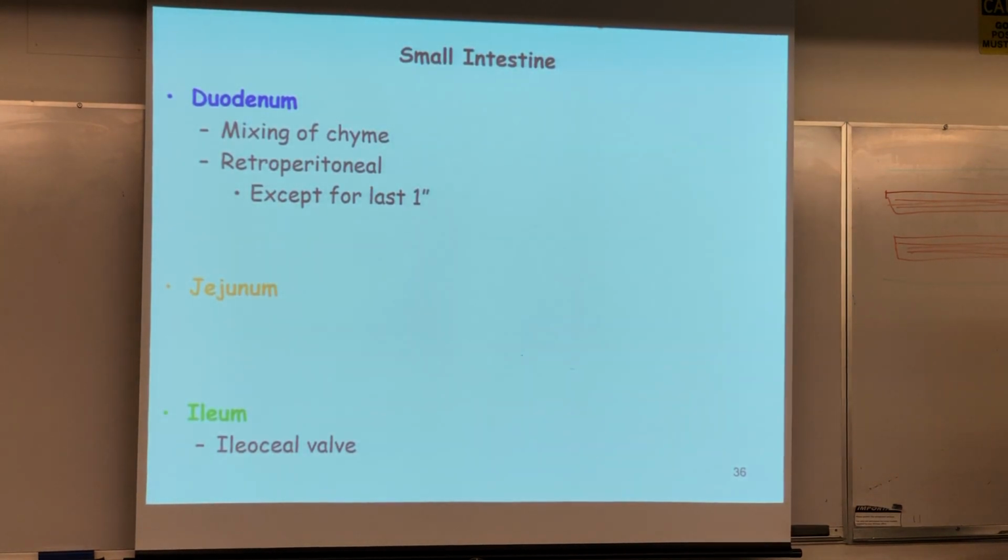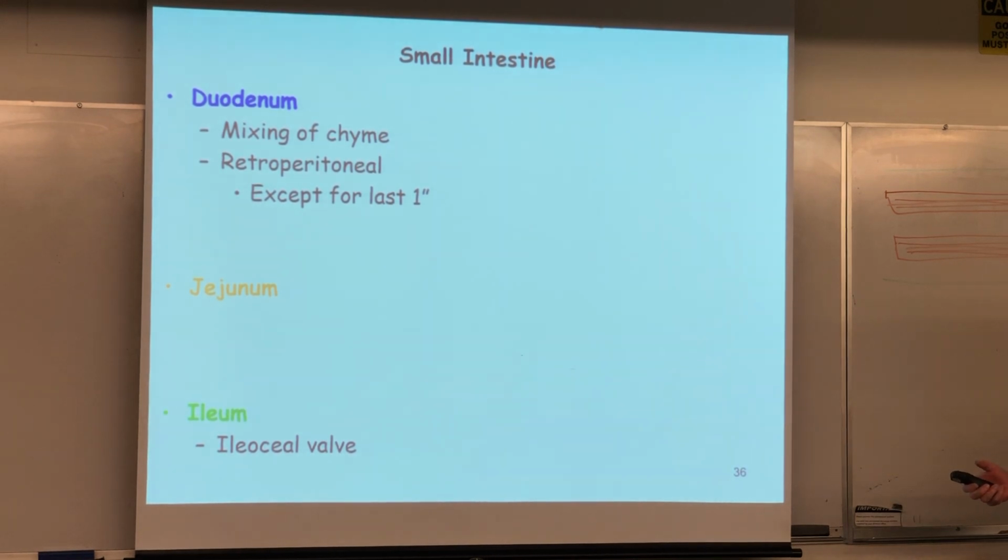Well, let's reiterate the function of all these different regions. We know the duodenum is going to play a role in the mixing of chyme, because we just saw it arriving in lecture tonight from the stomach into the duodenum. I know it's retroperitoneal except for the last 1 inch of it. So maybe the first 9 of the 10 inches are behind the parietal peritoneum. So that's what retroperitoneal refers to.